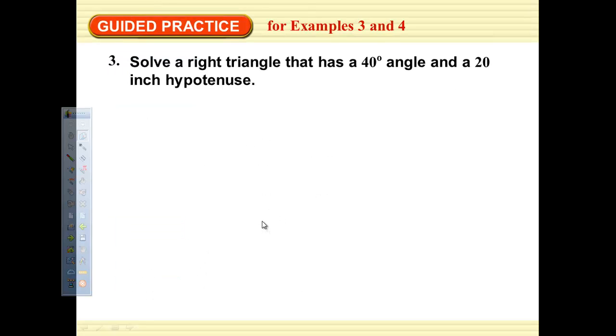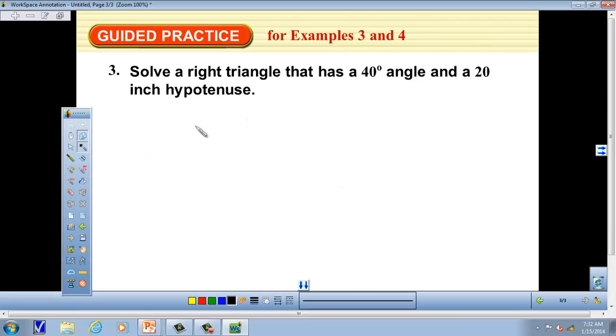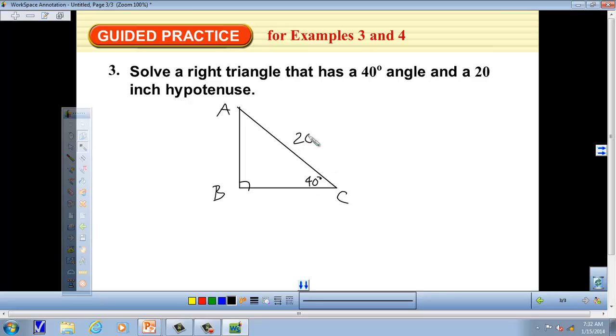We're going to solve a right triangle where we have a 40-degree angle and a 20-inch hypotenuse. You would draw this picture if you got a problem like this, and you would solve everything. I would just label it ABC, just so you know what's what. So we have a 40-degree angle here and a 20-inch hypotenuse. So first we know measure of angle A. We don't know.